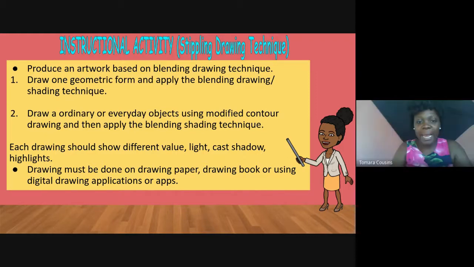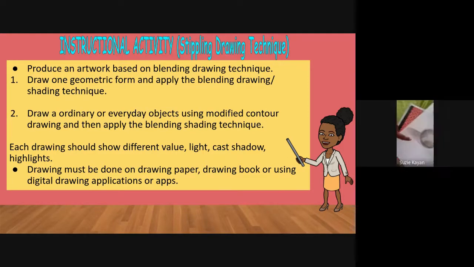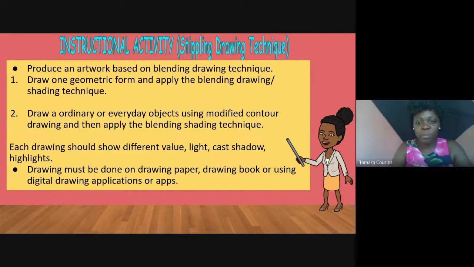And the highlight, right? Yes, miss. And this was the, I don't know what this is called. The reflective light. Yes, miss, the reflective light. And then you have your cast shadow on the surface. Cast shadow. Very good. Wonderful job.